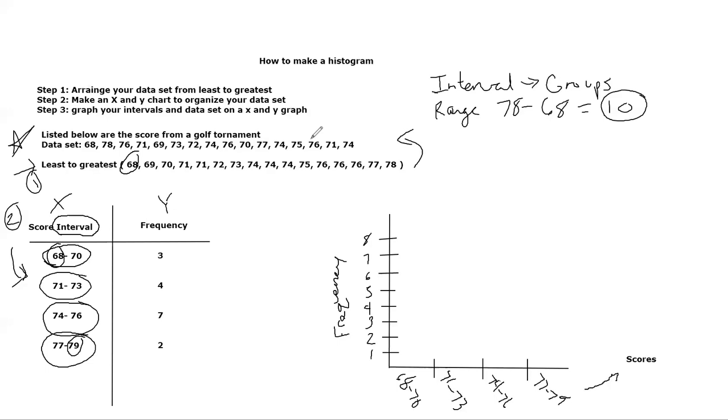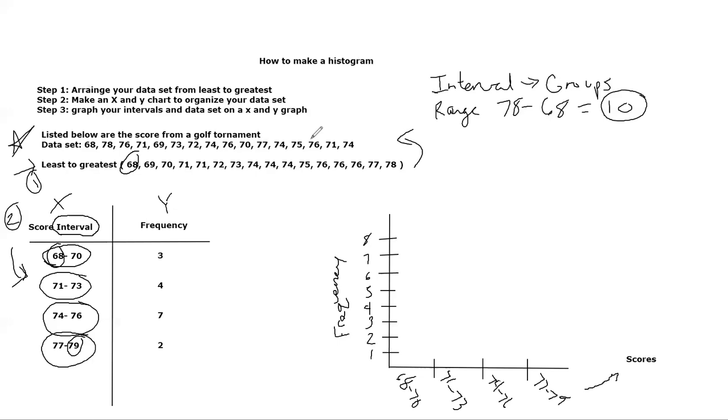Well, remember when I said the sections had to be equal? We have to make sure they're equal. So instead of ending it at 78, I ended it at 79 so that our intervals are the same size. Each interval is about the size of 3, actually. Because remember, 68, 69, 70.